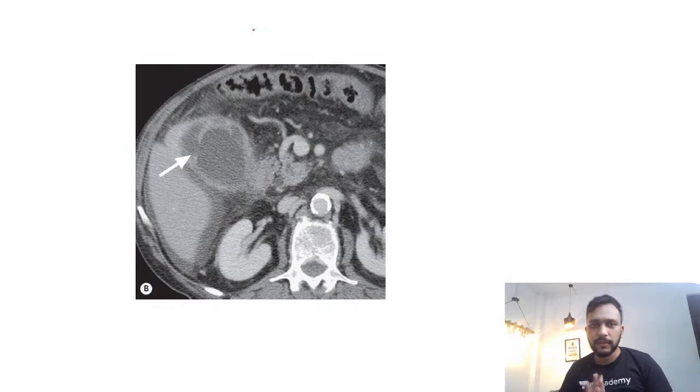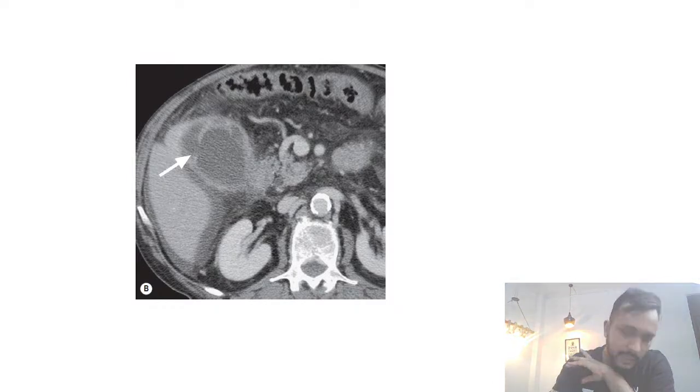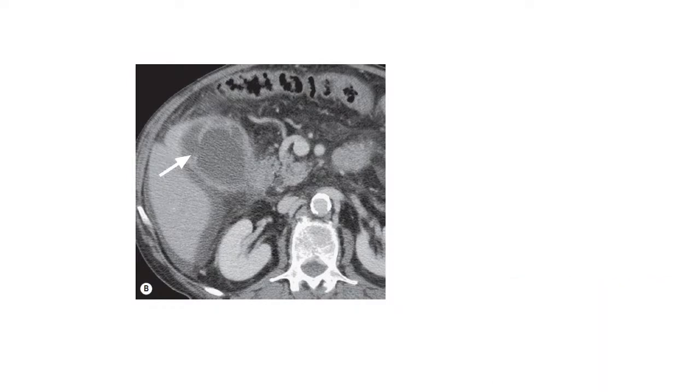So now guys, coming to this case, what are we able to see in this case? Anyone? This is a patient who presented with pain in the right upper quadrant.